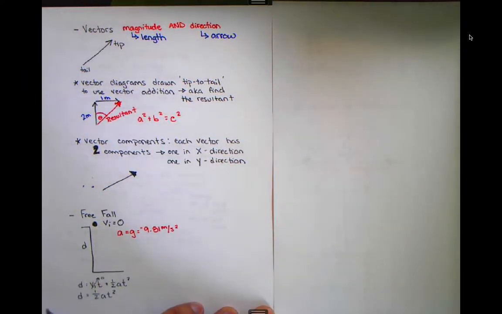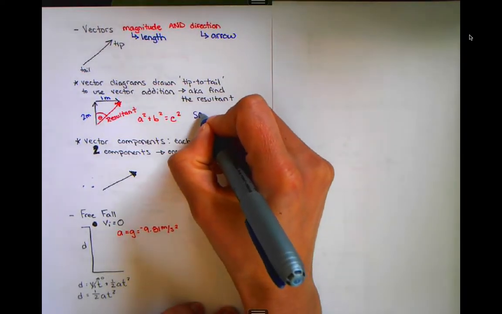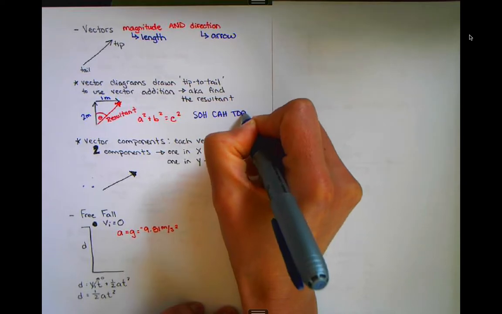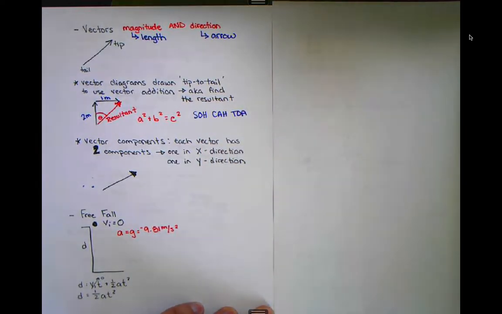And then, of course, I could use some trig, SOHCAHTOA, to find the angle. So we did lots of that because that comes into play with a lot of the units that we looked at, including projectiles and riverboat problems and forces.